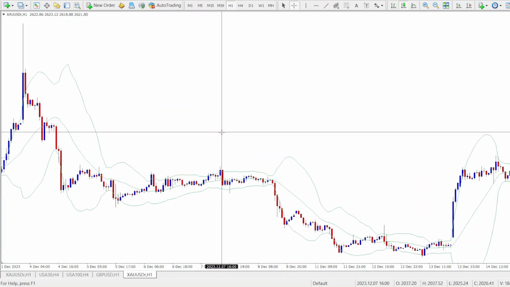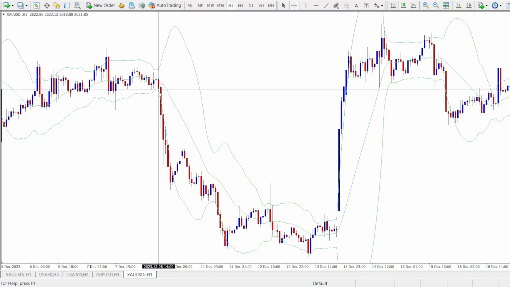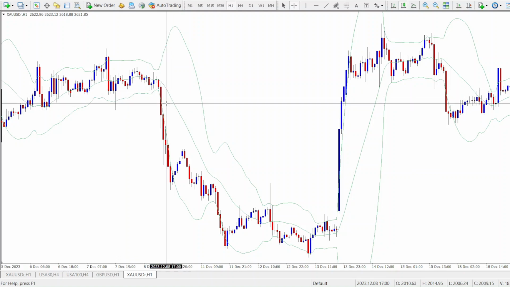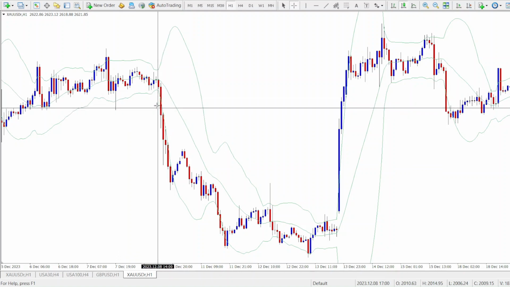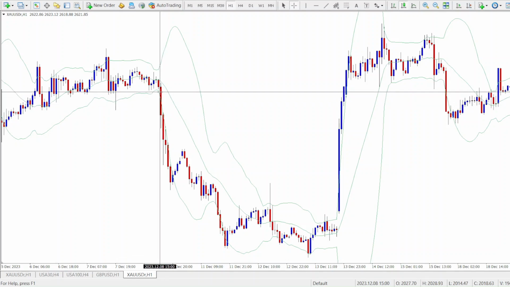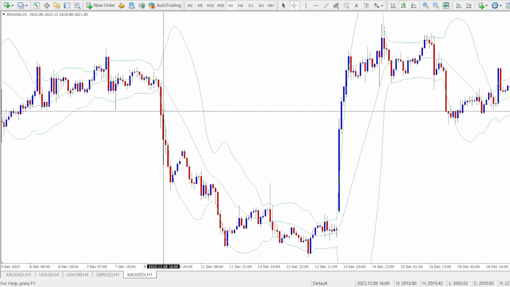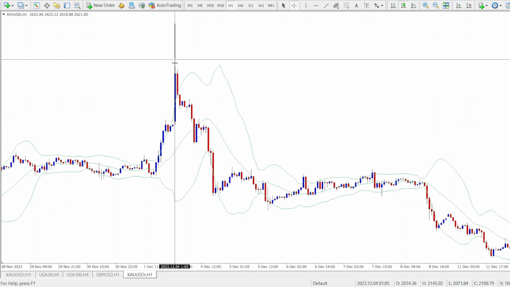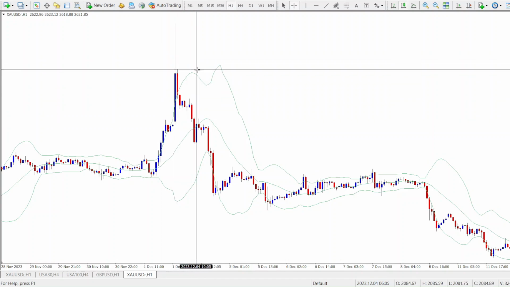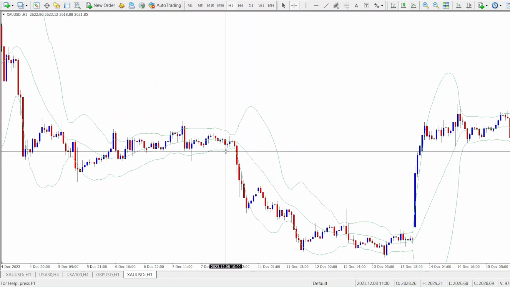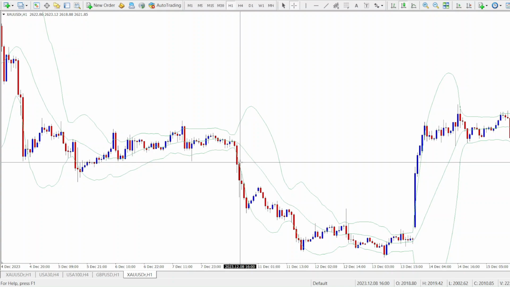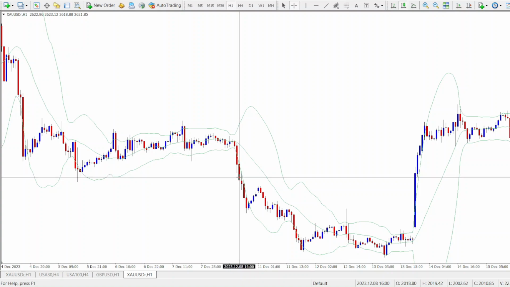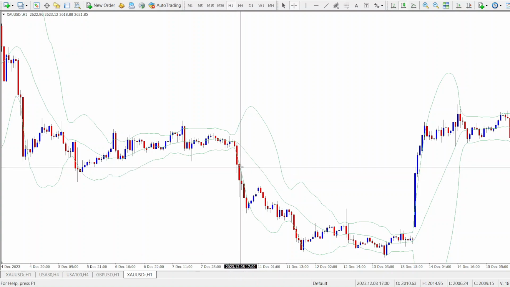Now, if there is a breakout below the lower band, we can see here there was a breakout below the lower band. If the price breaks and closes below the lower band with momentum, like we can see in this situation, the price broke below and there was bearish momentum. The next candle was still bearish, unlike what happened here. So in this situation, as the price broke below it and the next candle was bearish, we could have considered entering a sell right after the bearish candle was forming.